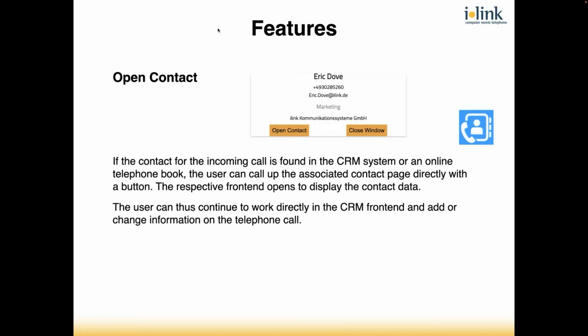And then you have the choice of either clicking Open Contact, and that will open up the contact directly in the data source where the contact was found, or you can close the window in case you already know who that person is and you don't want to open the underlying CRM application.